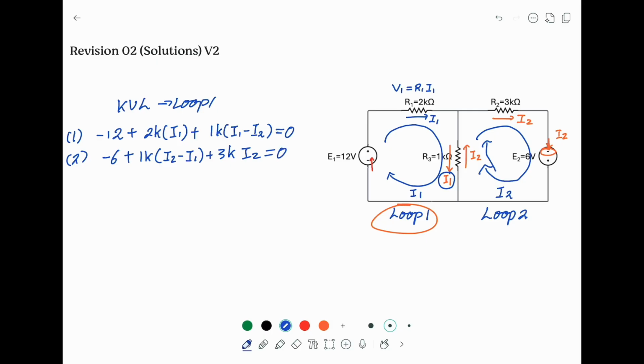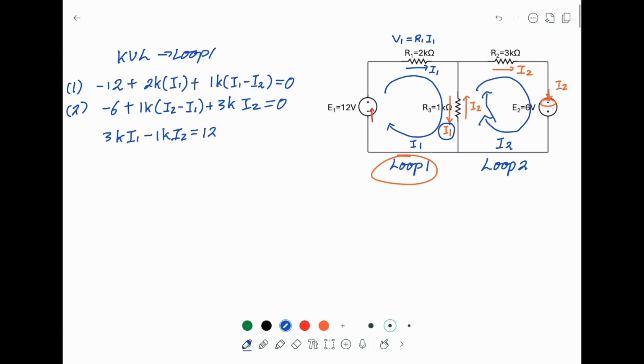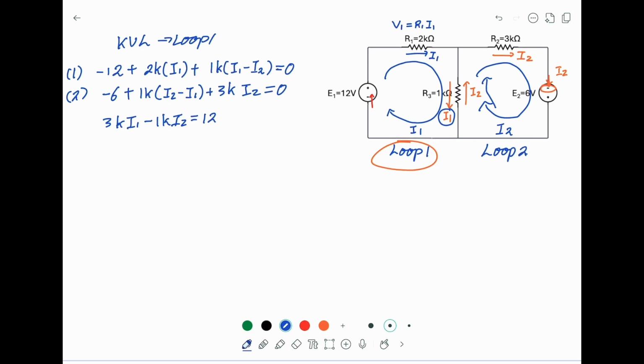Now I will simplify equation 1, and you will get 3k I1 minus 1k I2 equal to 12. I want to make the coefficients of I1 and I2 a little bit simpler, so you can choose at this stage to divide both sides by 1000.